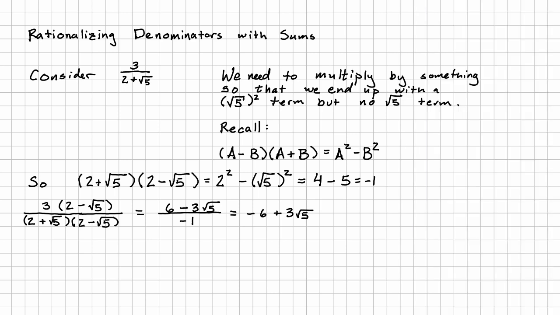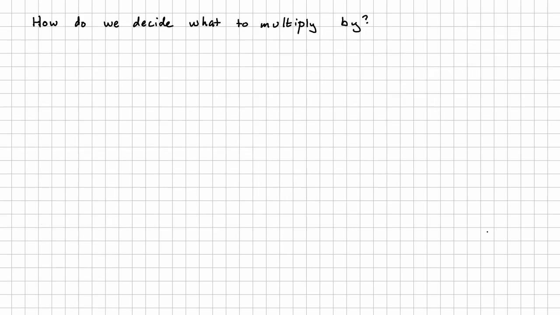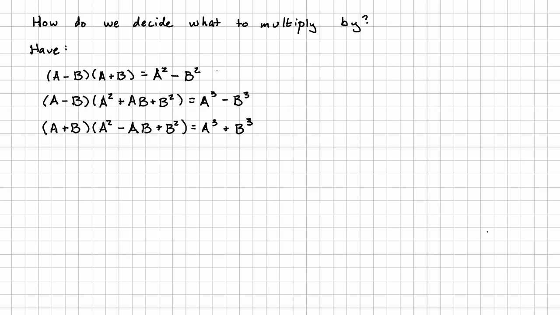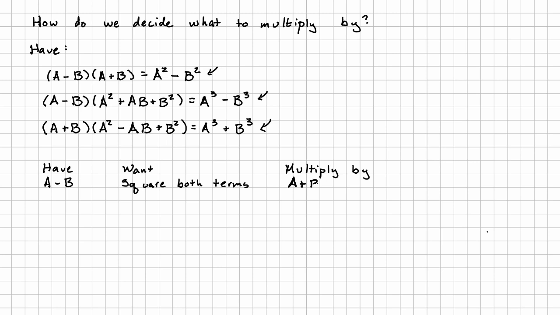So how do we decide what to multiply by? We have these 3 special forms that are relevant to our interests here. Namely, the difference of squares, the difference of cubes, and the sum of cubes. So if we have a minus b, and we want to square both of our terms, we'll multiply by a plus b.